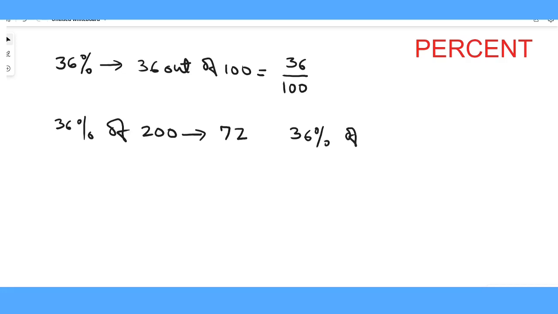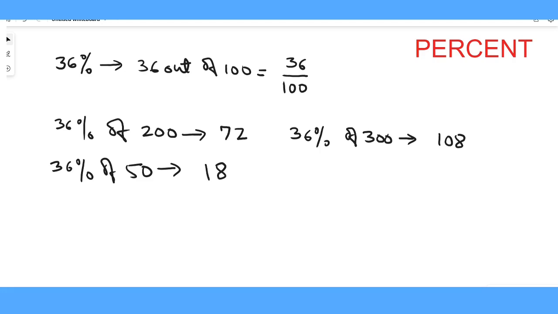36% of 300 is 108. As 300 is 3 times of 100, we have to make 3 times of 36, and 108 is 3 times of 36. 36% of 50 gives 18.